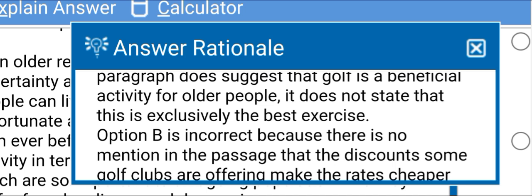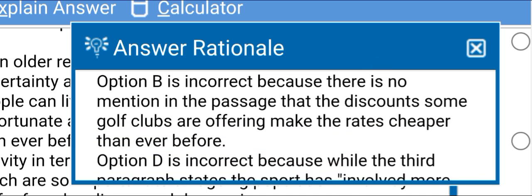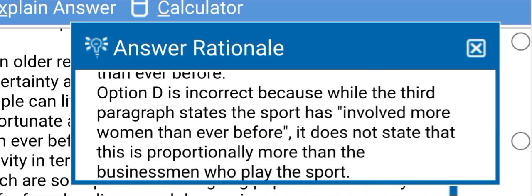Option B is incorrect because there is no mention in the passage that the discounts some golf clubs are offering make the rates cheaper than ever before. Option D is incorrect while the third paragraph states the support has involved more women than ever before.